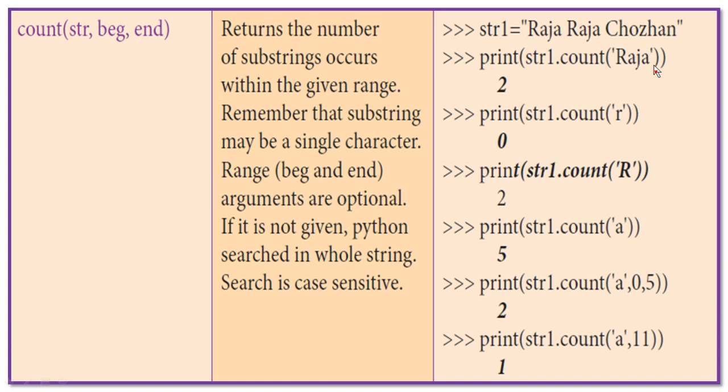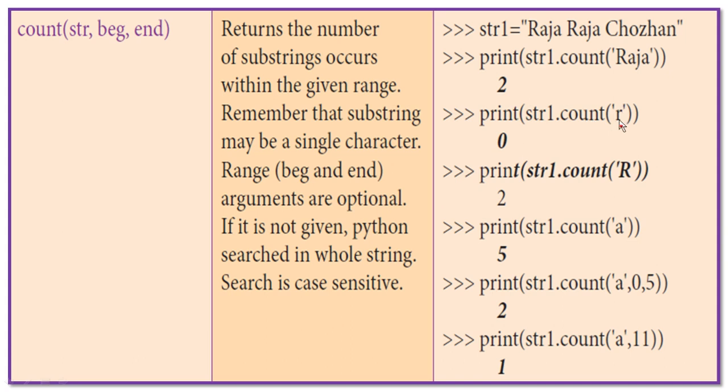There is no beginning index value and end index value, so Python searches the whole string Rajaraja Cholan. In the second example, print str1.count of small r.